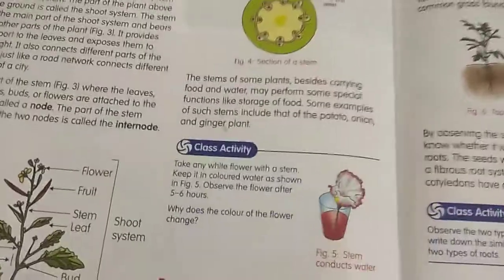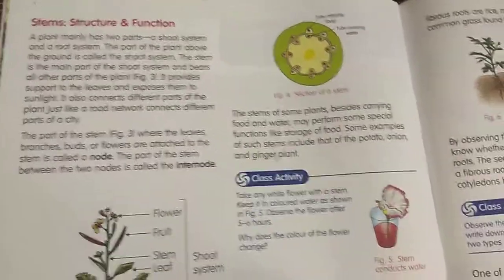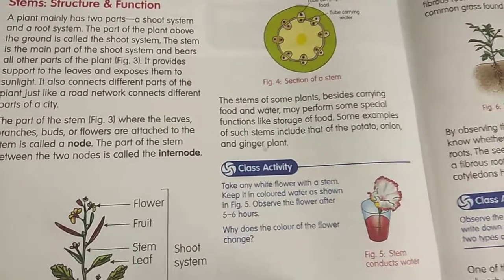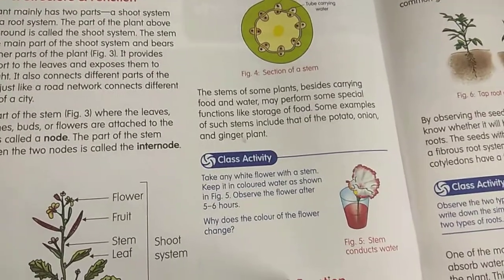In today's class we are going to learn about the stem, that is, the structure and function of the stem. In the previous classes we have seen herbs, shrubs and trees. What is the difference?